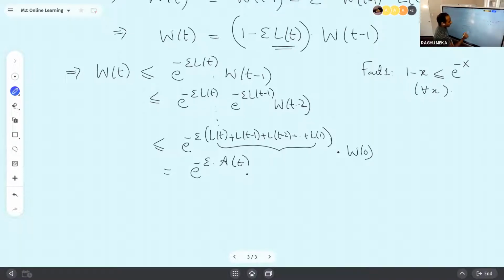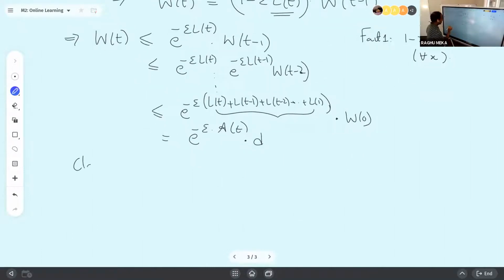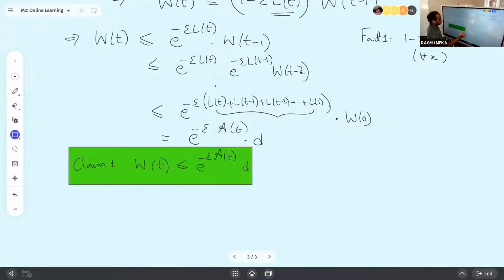And W of 0 is just d. So what have we shown? We showed that the total weight that we have after T days is upper bounded by how much loss we incur. Right, so if our algorithm incurred a lot of loss, then the total weight is really small. Right? Any questions about that?